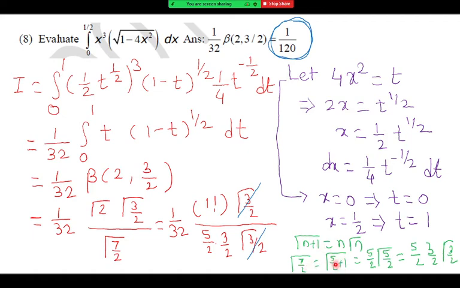Now gamma n plus 1 is n gamma n. Got it? Then again that 5 by 2 is written as 3 by 2 plus 1. So it is 3 by 2 gamma 3 by 2. I hope you are getting it now. Yeah, sir, got it. Okay, so this can be used for any fraction, gamma n plus 1 as n gamma n.